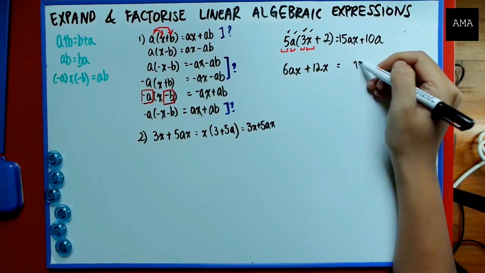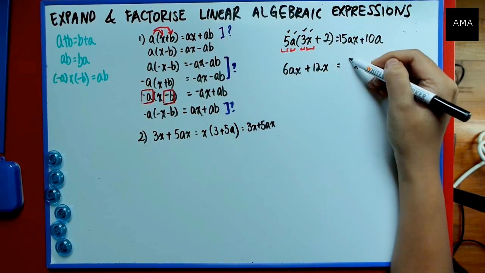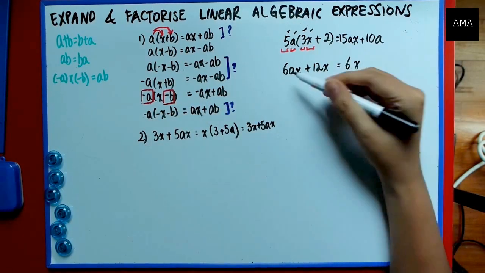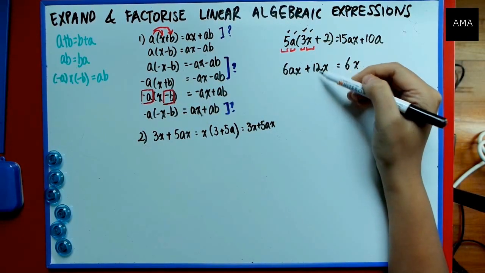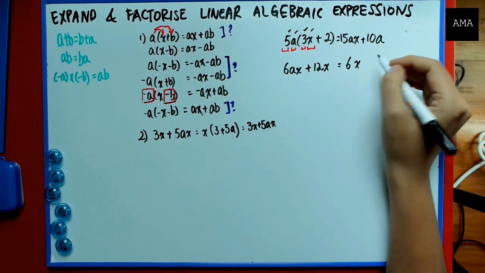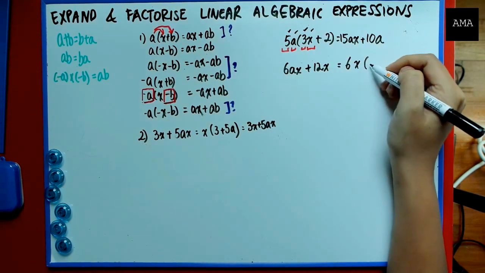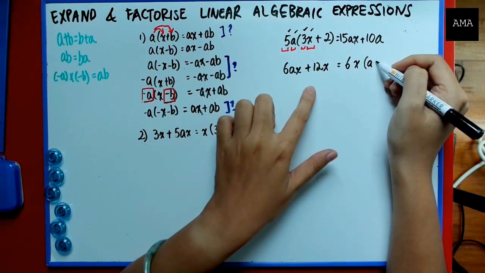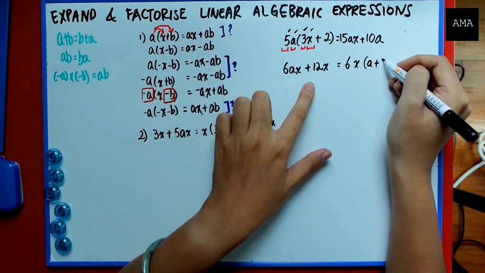Again, x is always the obvious one. The next one is 6. 6 is a common factor. They both can be divided by 6, right? 12 you can divide by 6, 6 you can divide by 6. So you must write 6 here. What is missing? A. Now here's the interesting thing. What is missing? It is 2.